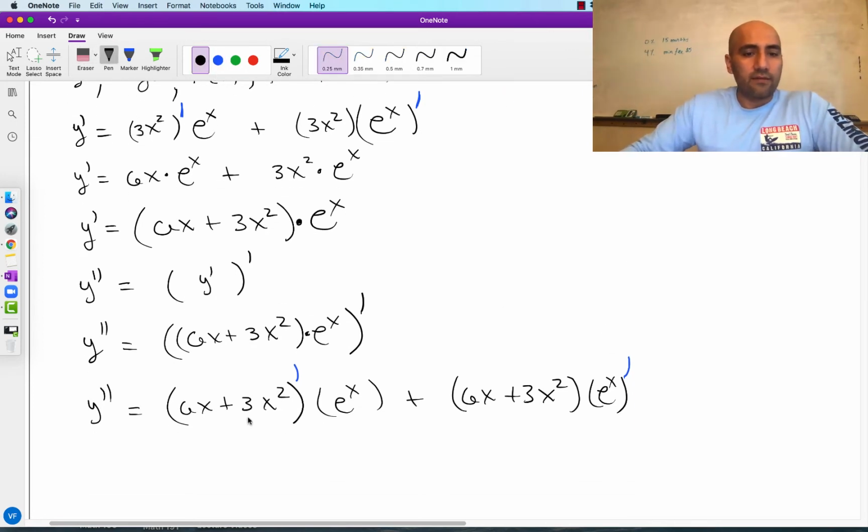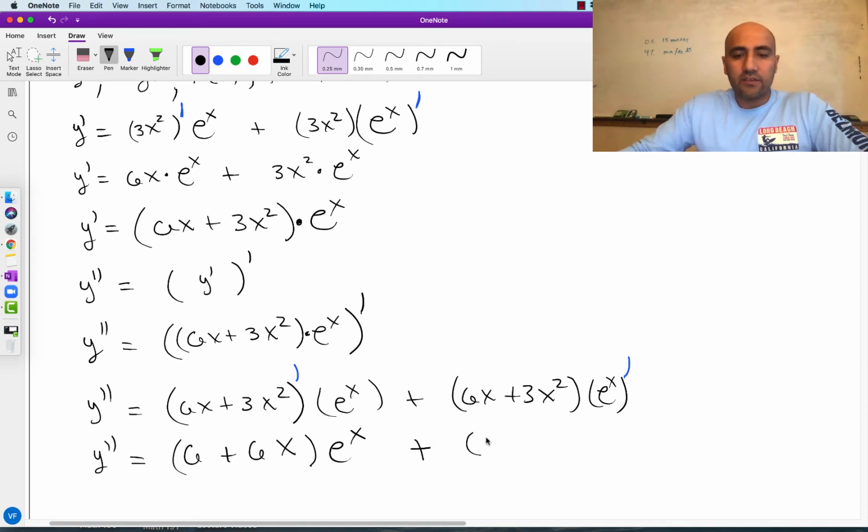Okay, so again, this should be nice, easy derivatives. So the second derivative is equal to 6 plus 6x, e to the x, plus, and now leave this alone, 6x plus 3x to the second times e to the x. The derivative of e to the x is e to the x.